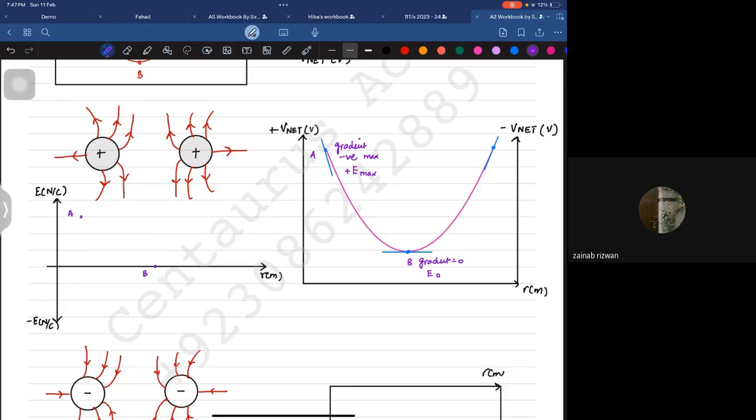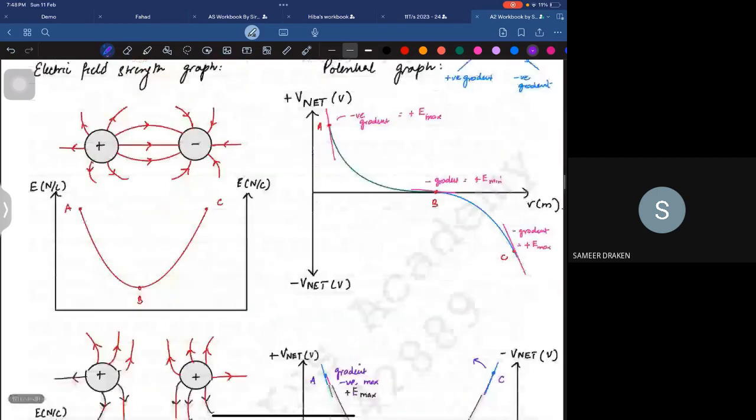Then what is this gradient? Positive or negative? Can you tell? The last one, C. A line going up, increasing. Is a line going up positive or negative?